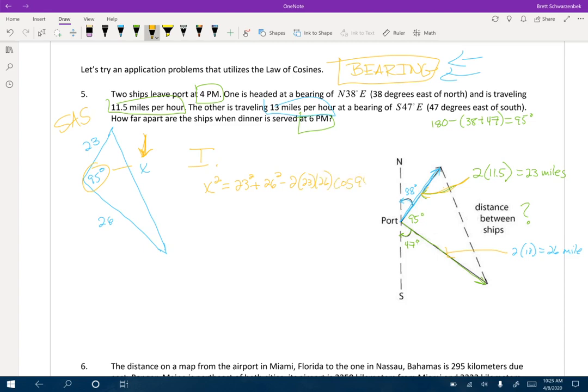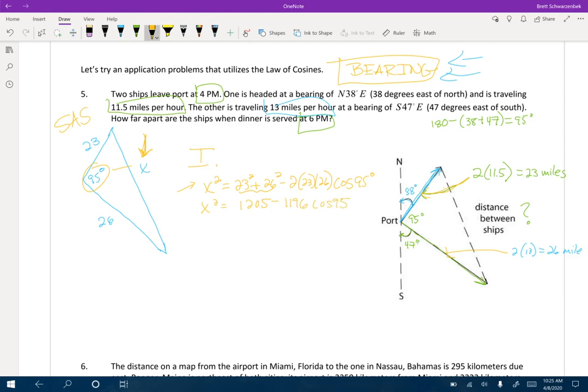So this is returning to our different scenarios where we have the missing piece on this side. So all we have to do is solve this like we did before. So this is going to be x squared is equal to, the sum of these two sides squared is 1205, minus, this is going to be 1196 cosine of 95.